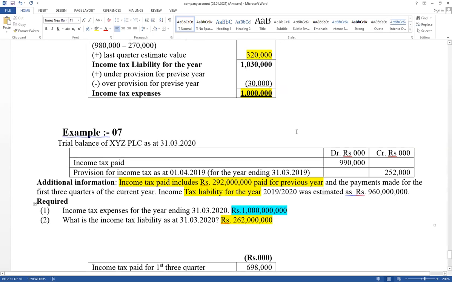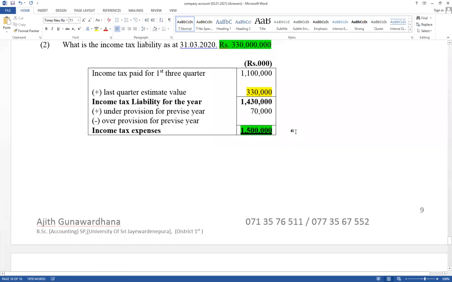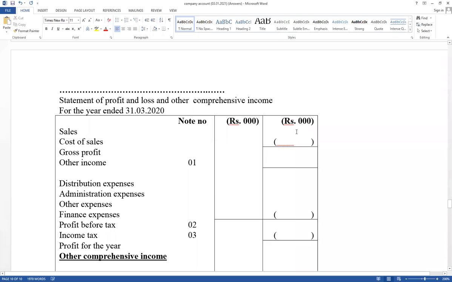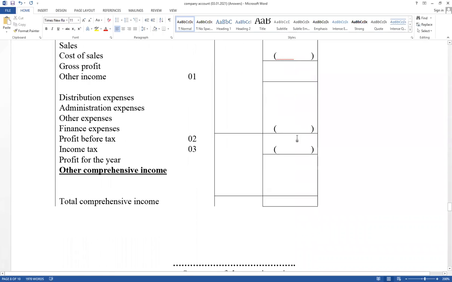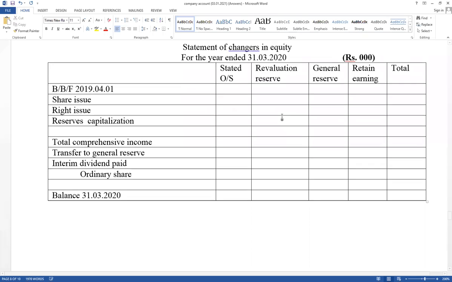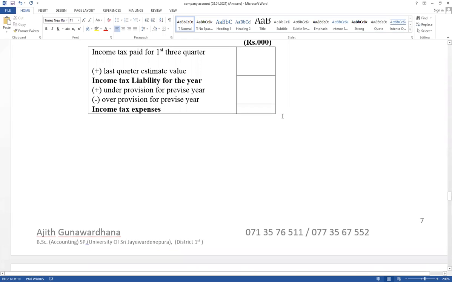Right, I have already discussed how to prepare a statement of profit and loss and other comprehensive income and statement of changes in equity. As well as I have discussed income tax adjustment, rights issue, reserves capitalization, as well as initial public offer, interim dividends, as well as proposed dividends. දැන් මෙතනින් එහාට ගාන වෙනස් වෙන්නේ adjustment ටික add වෙනවා බලන්න.